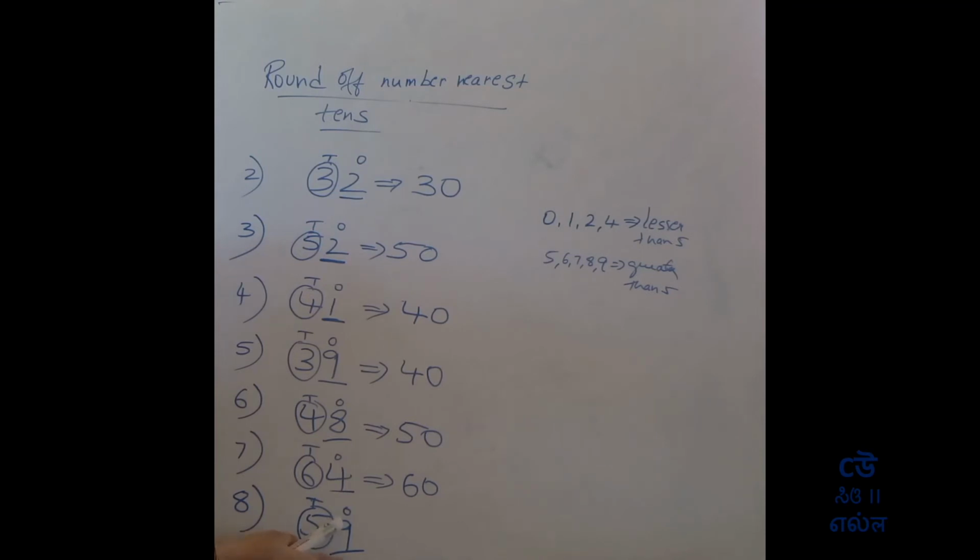Is 9 lesser or greater than 5, children? 9 is greater than 5. If it is greater, what should we do? We have to increase one number in the tens place. So 5 will become 6. Increase one number means you have to add. So 5 plus 1 will be 6. So 6, then this number will be 0. Okay.